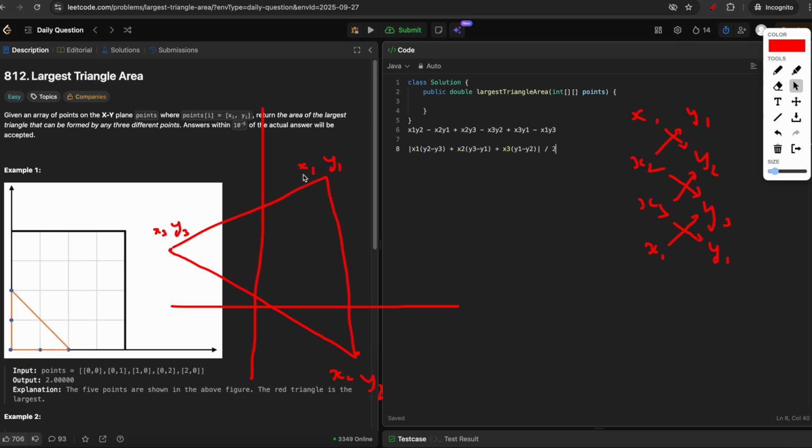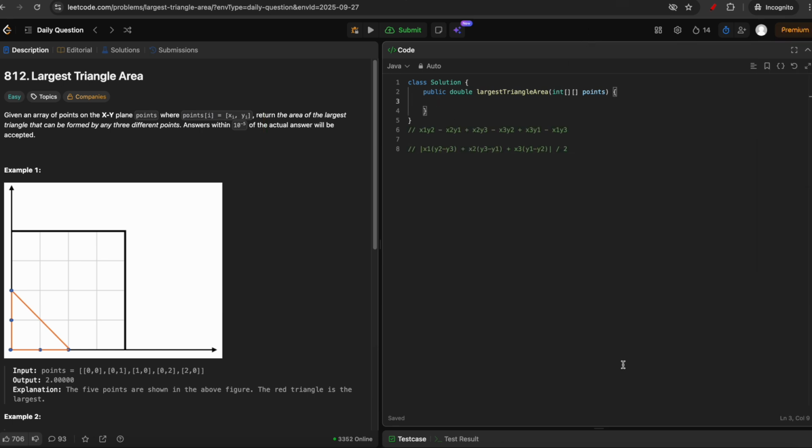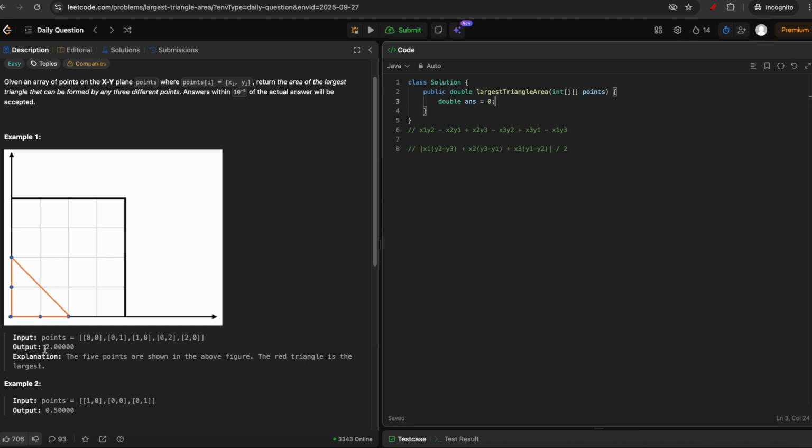So the solution is just to iterate on all possible triplets of points, calculate the area, and return the maximum area amongst all these possibilities. Now coming to the code, first let me declare a double variable to store the answer. The area is not an integer, it can be a double, so that's why we are using a double variable.